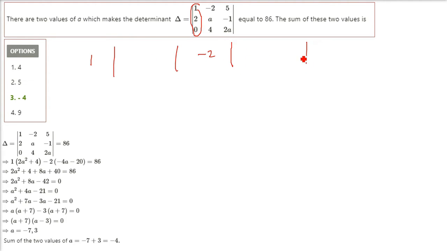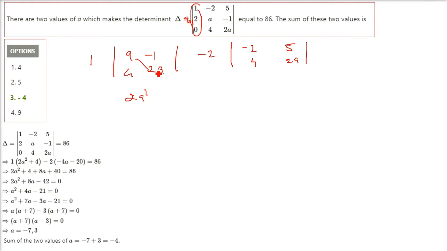I'm using the first column, that is why we are getting 0, so I'm not using the 0. So 1 minus 2 minus 2. When we take 1, it will be 4 minus 1 times 2a. When we take 2, it will be minus 2 times (4 minus 5) times 2a.